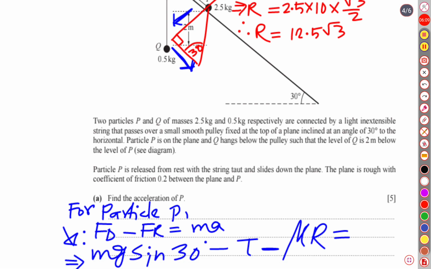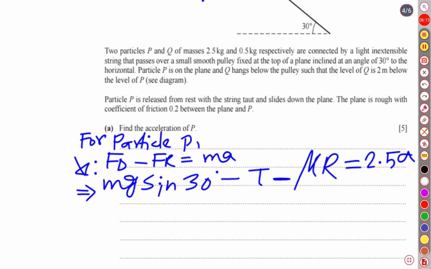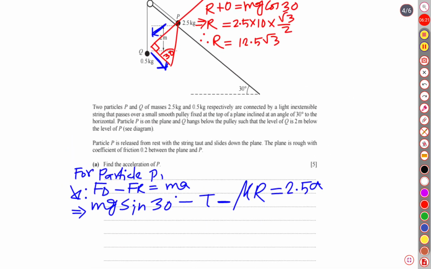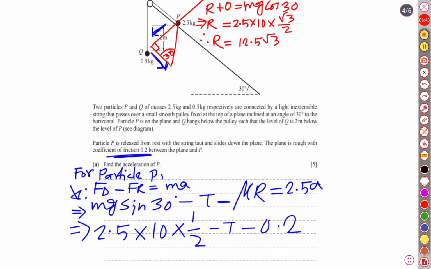Mass of particle P is 2.5, so 2.5 times 10 times sin 30, which is half, minus tension, minus mu, the frictional coefficient, which is 0.2, and our R has already been obtained, equals 2.5 into acceleration.